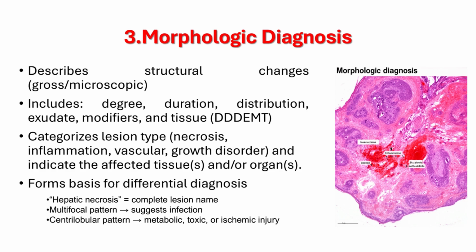For example, hepatic necrosis is a complete lesion name, but adding descriptors like multifocal suggests an infectious cause, while centrilobular points toward metabolic, toxic, or ischemic injury. Morphologic diagnoses may stand alone or support the creation of a differential diagnosis list.